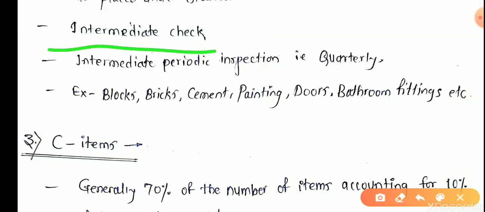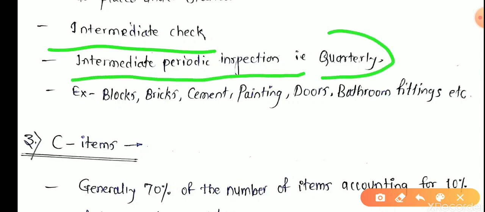Intermediate check. As before, A type has high control and a tight check. Here it is an intermediate check, because its value is lower than A type items but higher than C type items. Intermediate periodic inspection, that is quarterly.